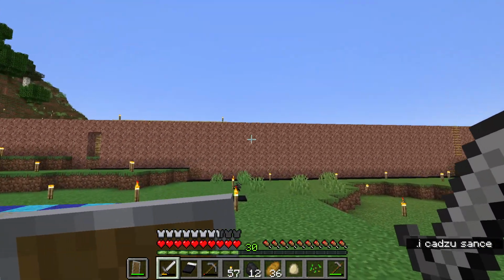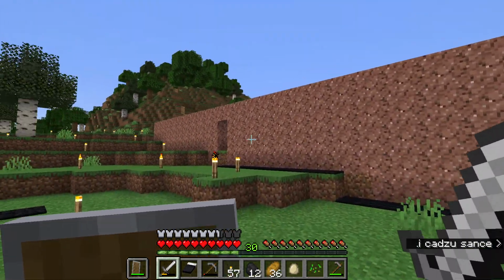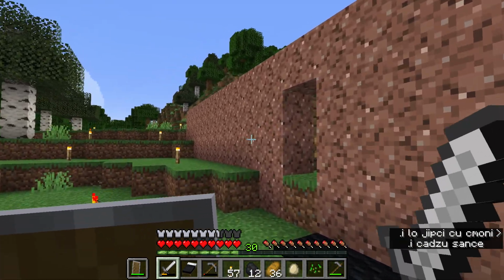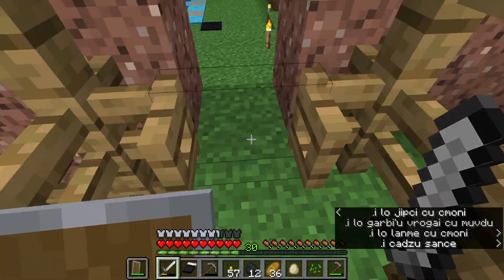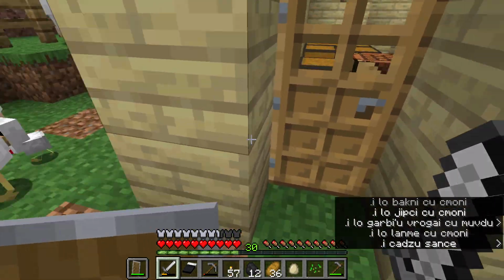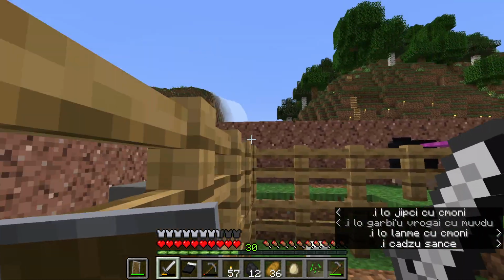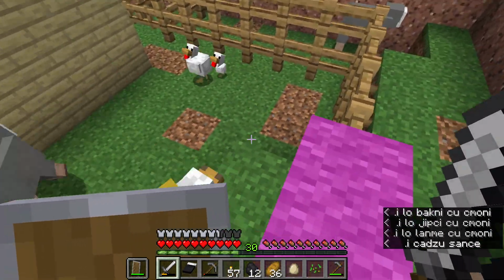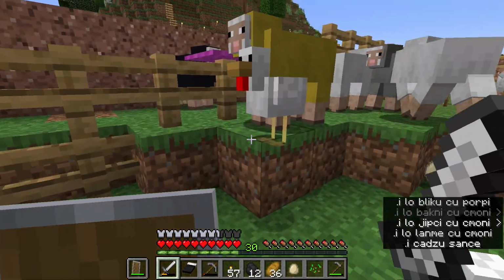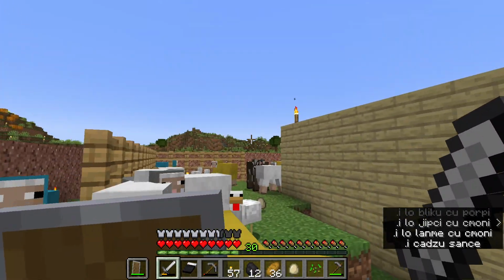I mi klama lo jipshi zdani. I go to the chicken house. I mi klama lo lanme zdani. I go to the sheep house. I ti zdani lo lanme. This is a house for sheep. I mi shadzu lo lanme zdani.